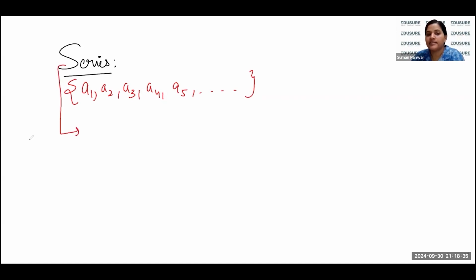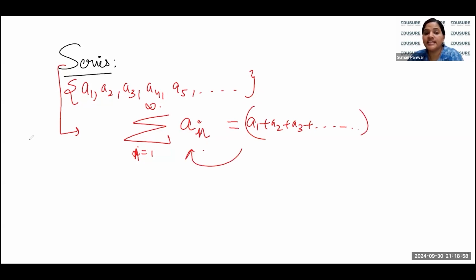If I write the terms of this sequence and take the sum, or you can use this, n going from 1 to infinity. That means if I write this as A1 plus A2 plus A3 and so on, this infinite sum of the terms of this sequence is called an infinite series.